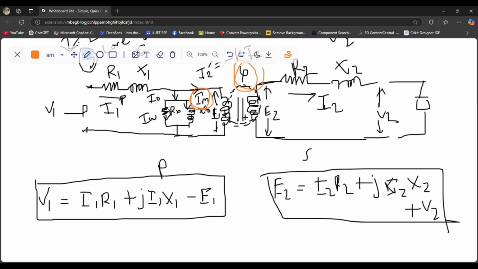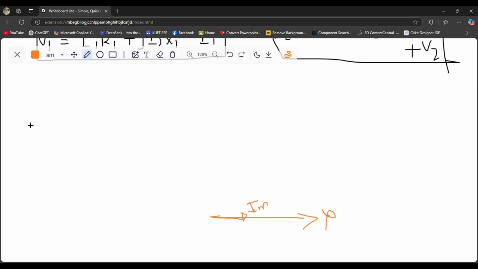These things are the induced voltage, and these things came from only one component, which is phi, the flux. And this flux cuts these coils and makes this E1 and E2. So the same flux makes E1 and E2. So for this reason, E1 and E2 will be in the same phase.